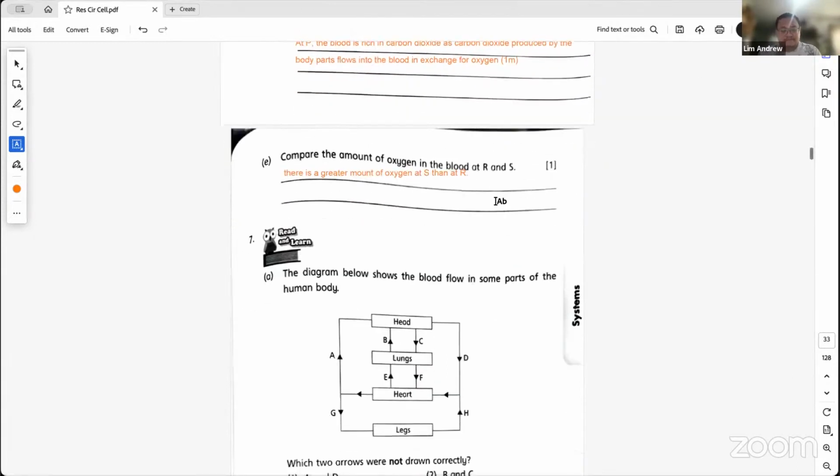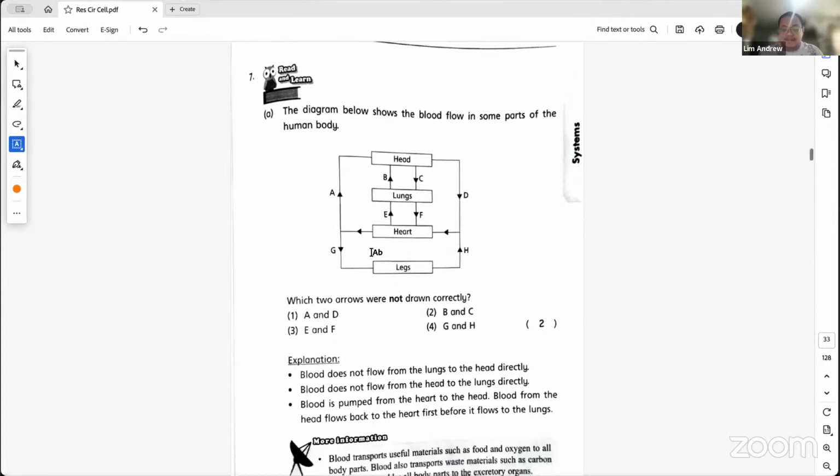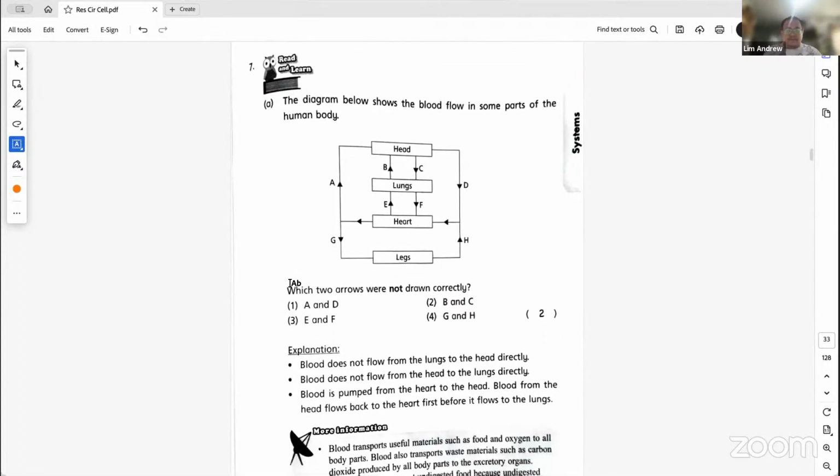All right, let's carry on. The diagram below shows the flow of blood in some parts of our body. So we have the head, the lung, the heart, and the leg. Which two arrows are not drawn correctly? To do this question, always remember the flow. Heart to all body to heart, heart to lungs, lungs to heart.